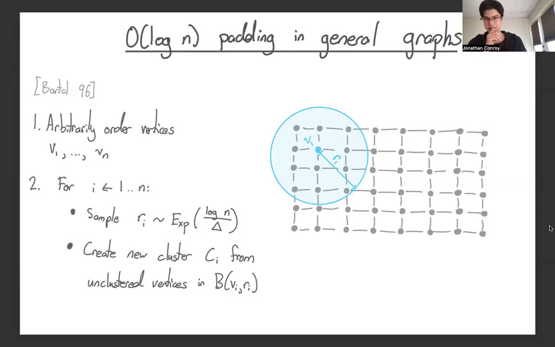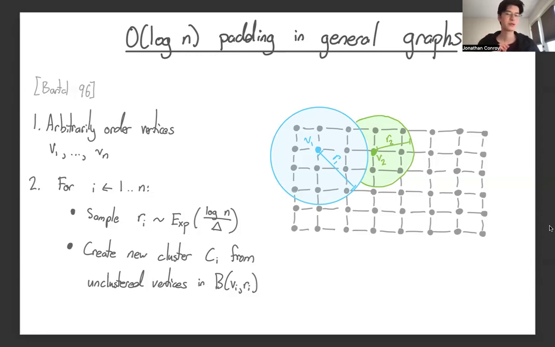Specifically, when we're considering vertex Vi, we sample some radius parameter Ri from some exponential distribution that has mean delta divided by log n. And then we create a new cluster from the ball of radius Ri centered at Vi, and we add to this new cluster all of the currently unclustered vertices in this ball. Maybe this ball contains some vertices that were already clustered, so we don't add those to our new cluster. We just leave them as is.